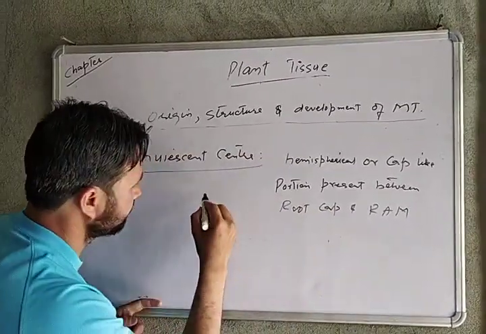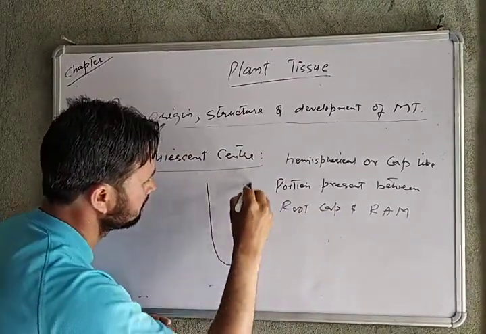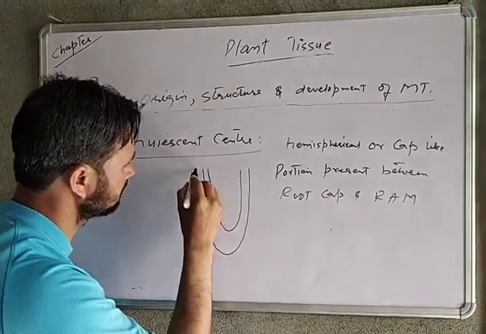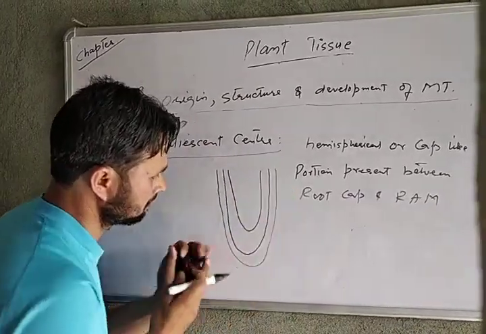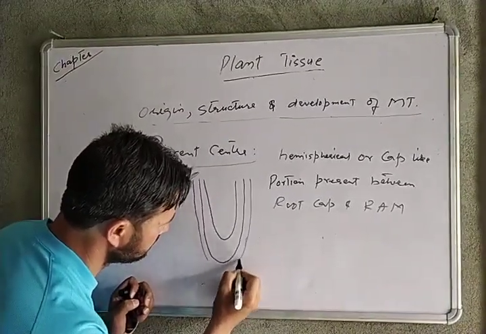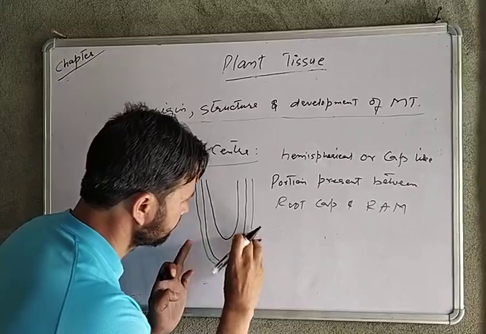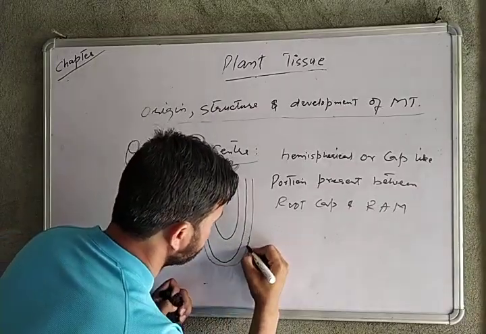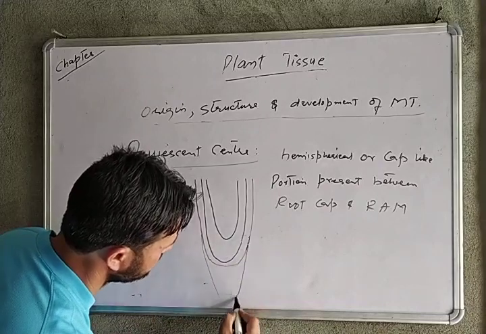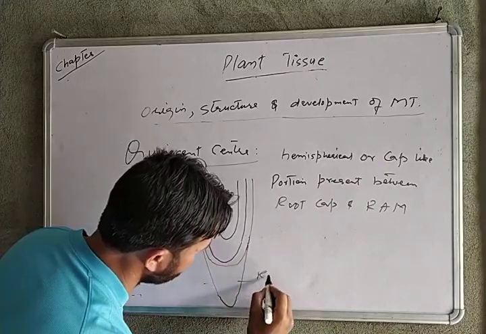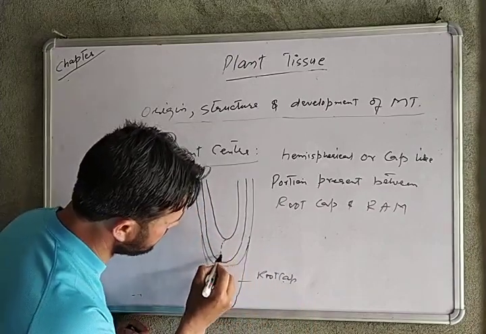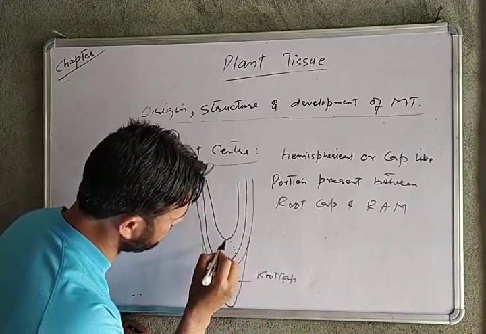For example, suppose this is root cap. Here is a centrally located portion.